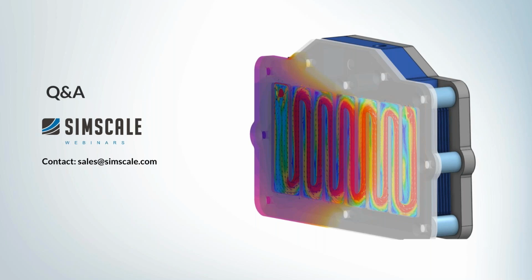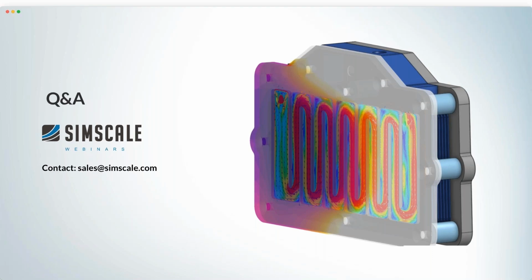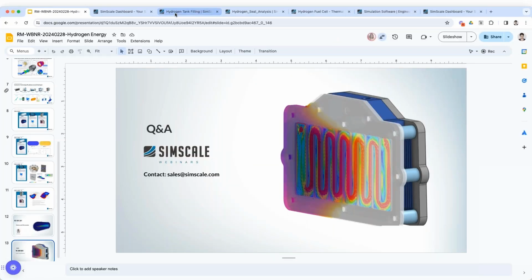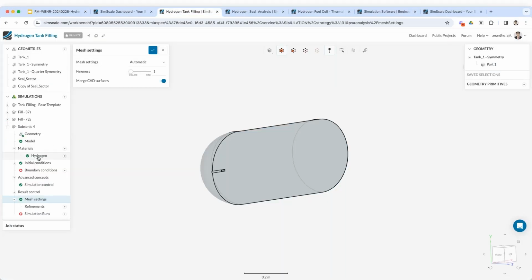That's a good question. So when it comes to hydrogen, as we all know, it is pretty dependent on the temperature and pressure environments around it. So it's important that we use the real gas, and within SimScale, you do have the option to switch between the material models.